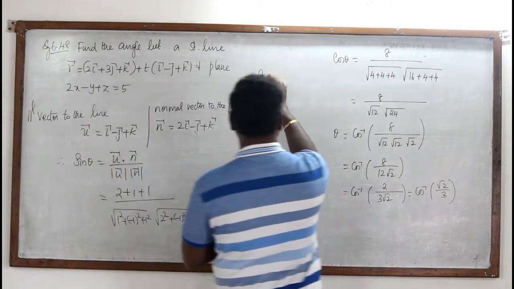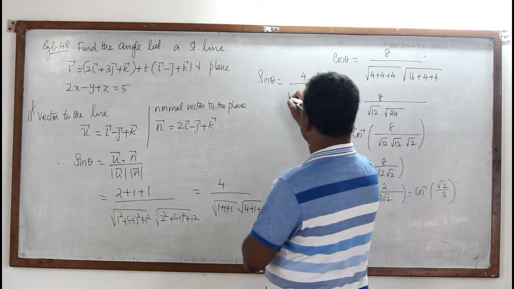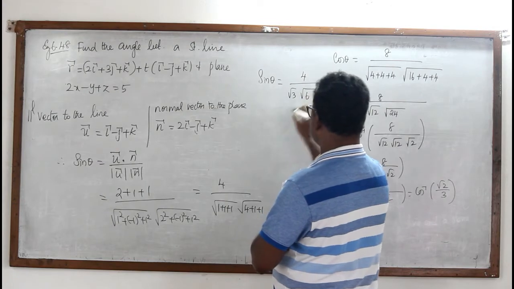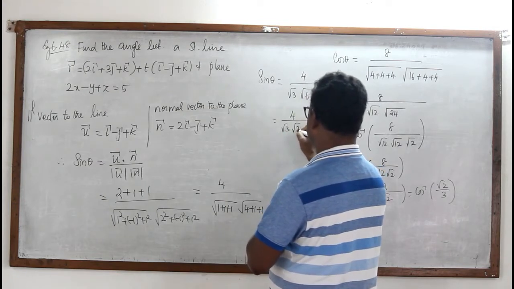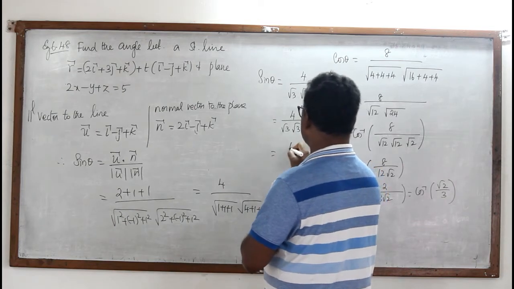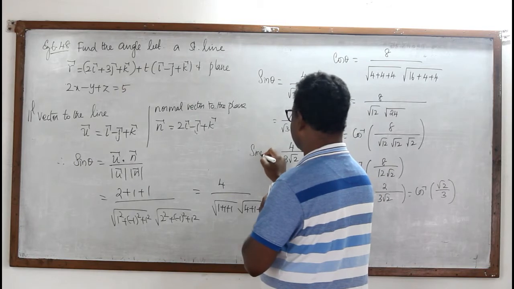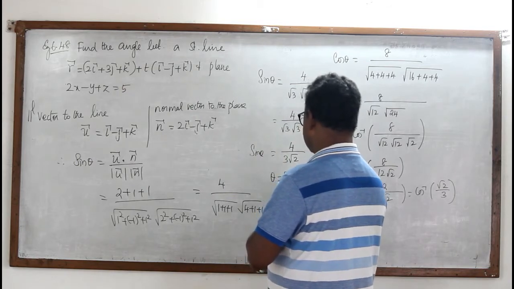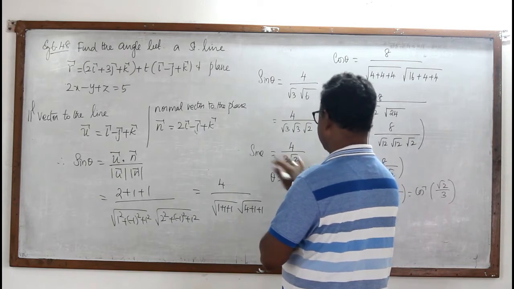Therefore, from this, sin theta equal to 4 by root 3 into root 6. Is it 4 by root 3 into root 3 into root 2? It is 4 by 3 root 2. This is sin theta. Therefore, theta equal to sin inverse of 4 by 3 root 2.